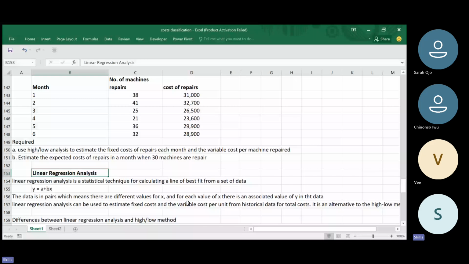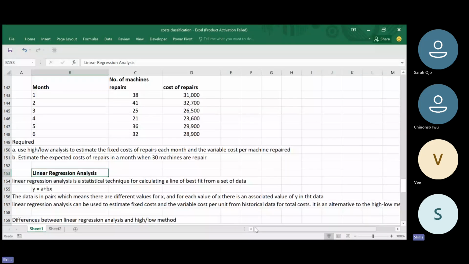The data is in pairs, which means there are different values for x, and for each value of x there is an associated value of y. Linear regression analysis can be used to estimate fixed costs and the variable cost per unit from historical data for total cost. It is an alternative to the high and low method.